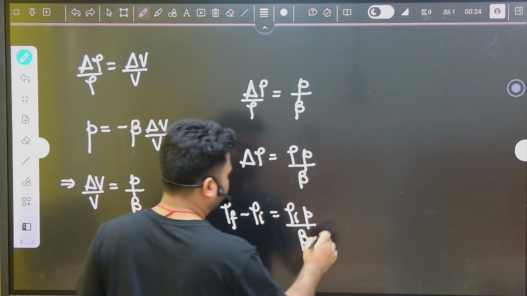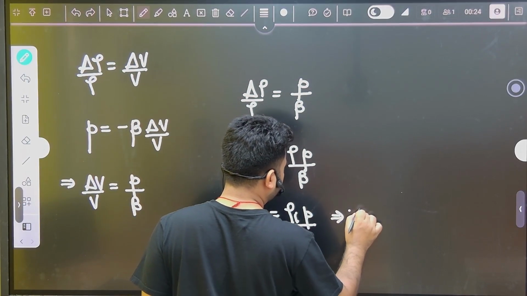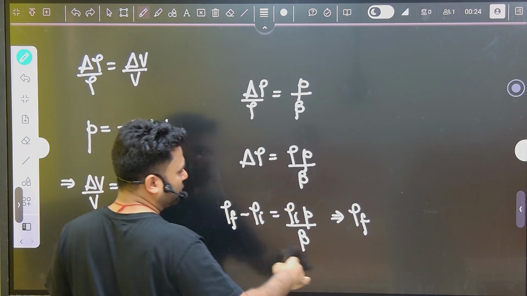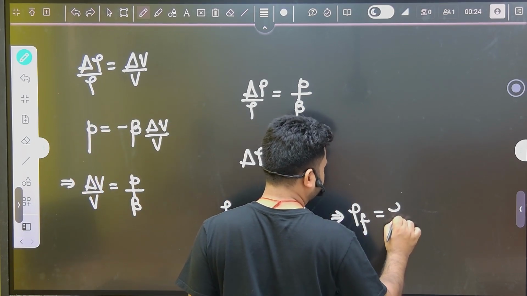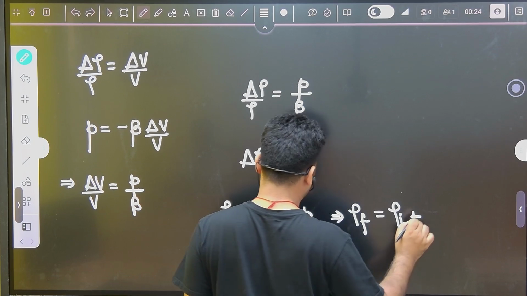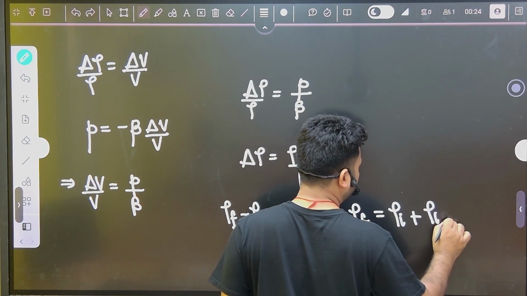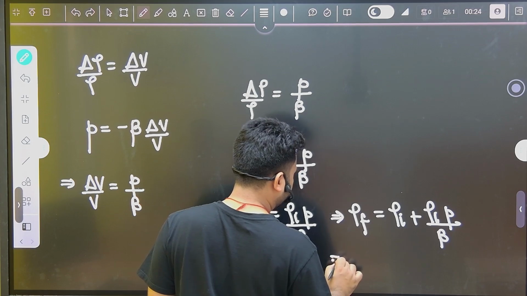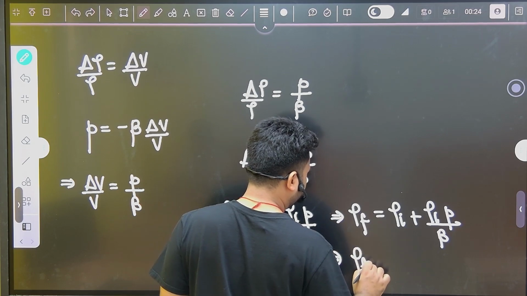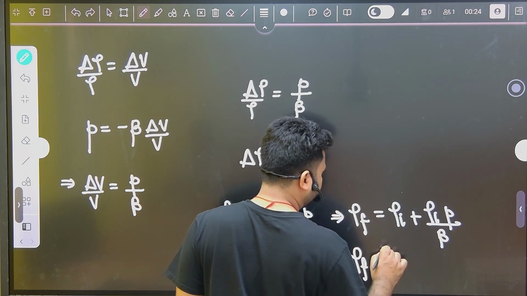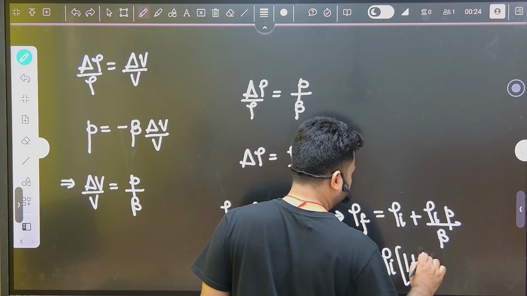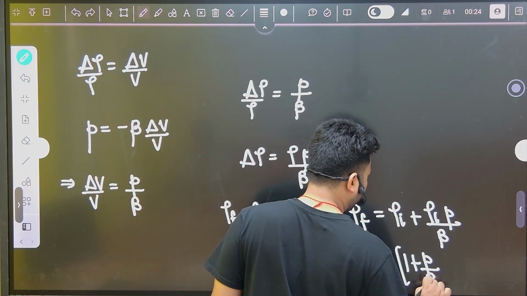So we can write final density equals initial density times 1 plus pressure divided by bulk modulus.